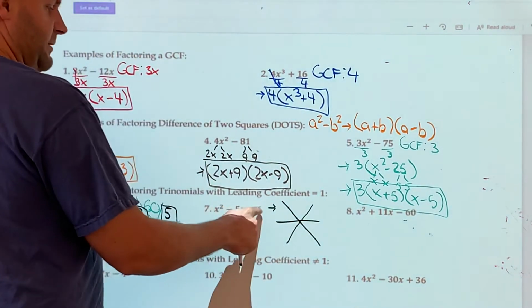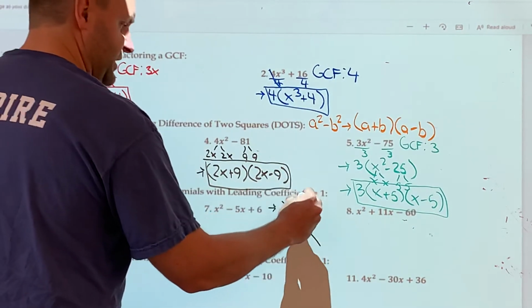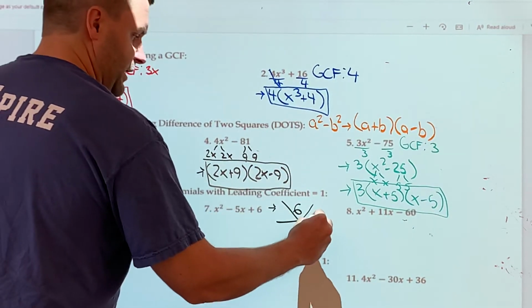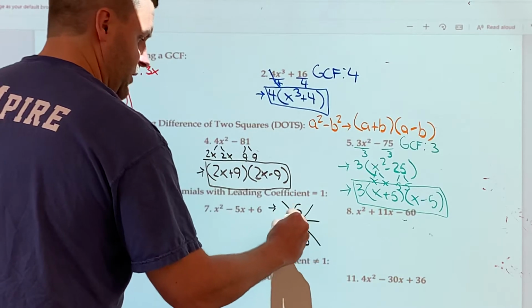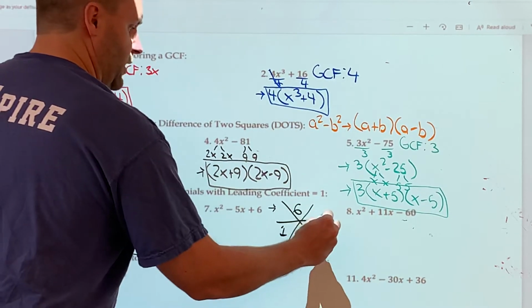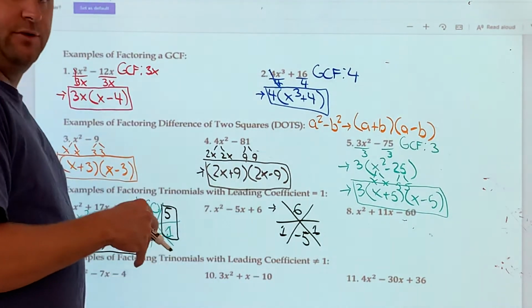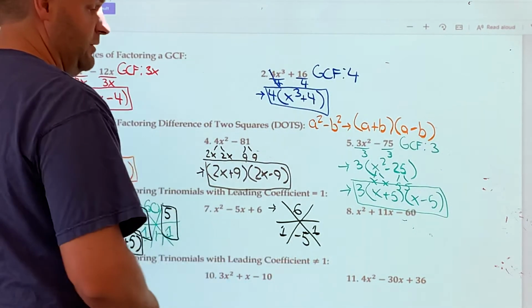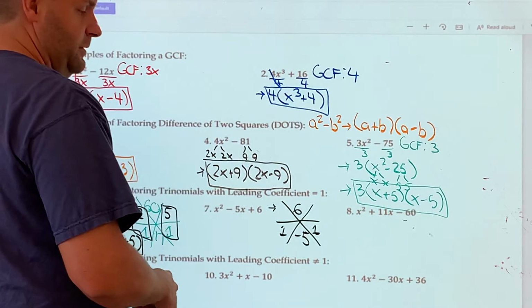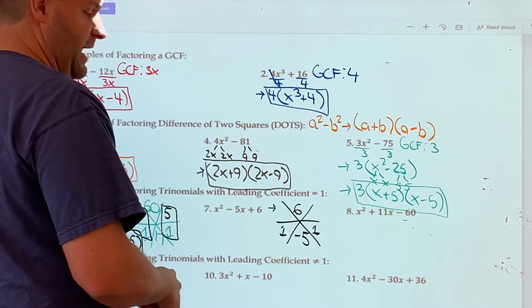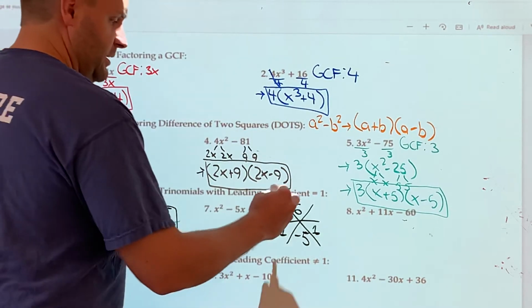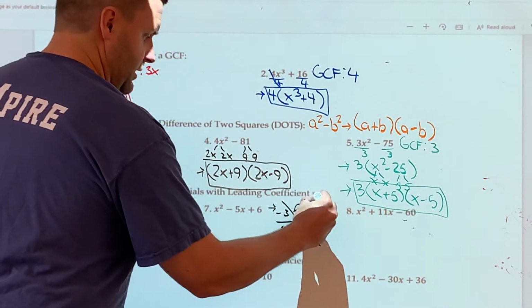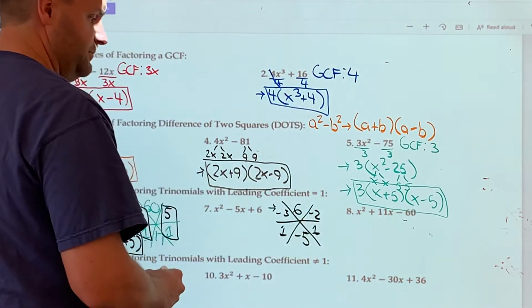Remember, a times c, so 1 times 6 is 6. B, negative 5 here. A, 1 and 1. And now I'm looking for 2 numbers that multiply to give me 6 that add to equal negative 5. That is going to be negative 3 and negative 2.